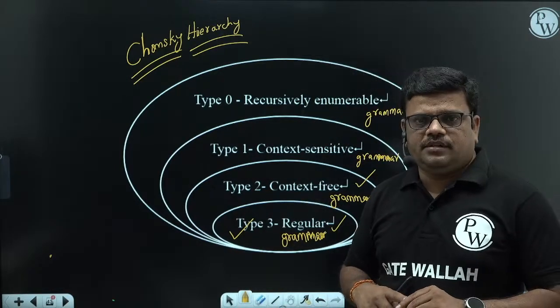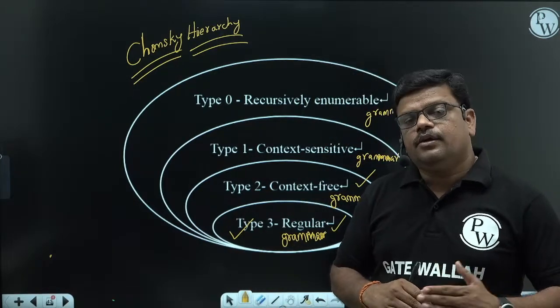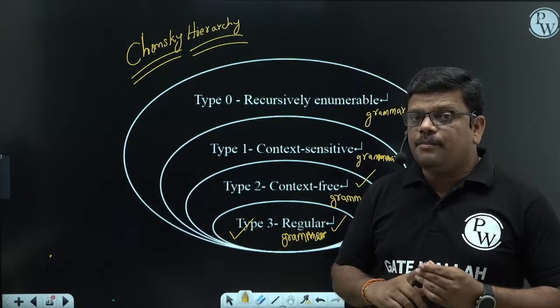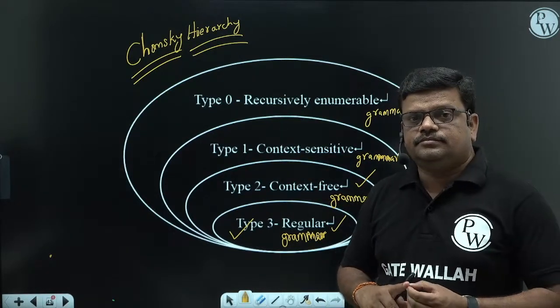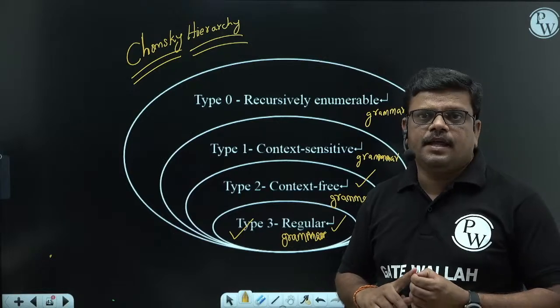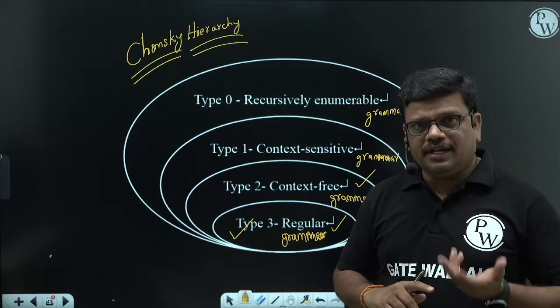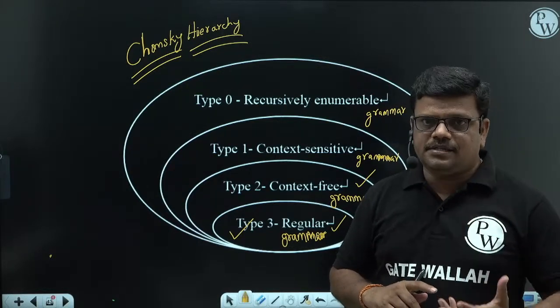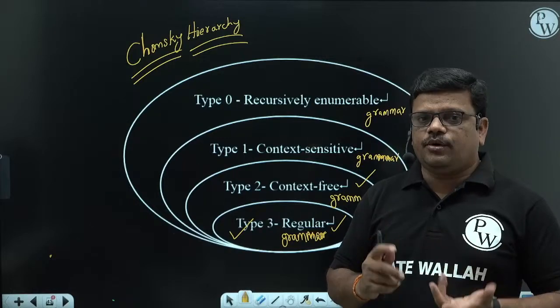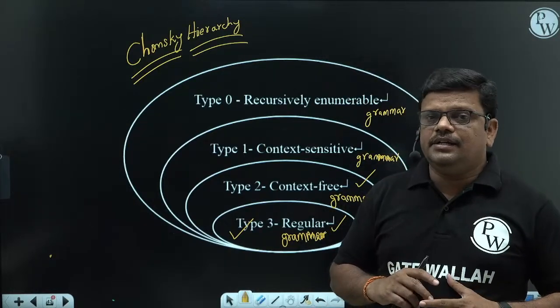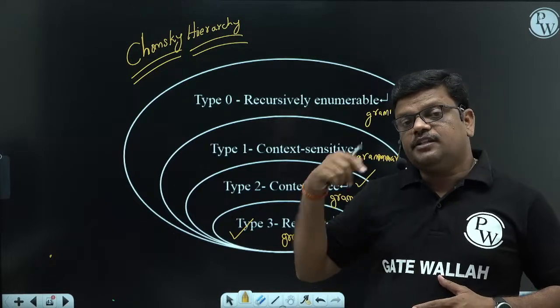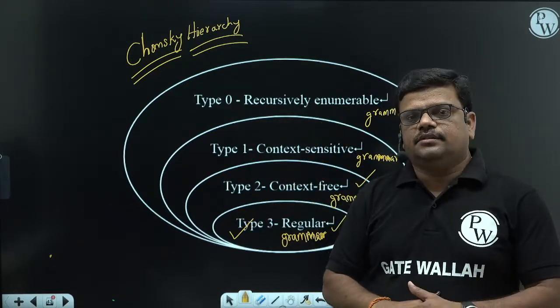After designing the grammar, we have to know which of these types the grammar comes under. Either it is regular grammar, or context free grammar, or context sensitive grammar, or unrestricted grammar. That information we have to gather. Once you confirm that it is a particular grammar, we have to construct the corresponding automata.